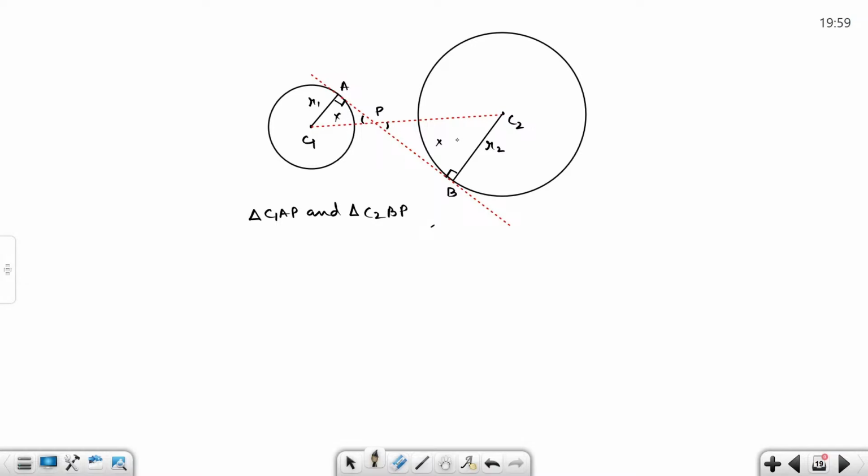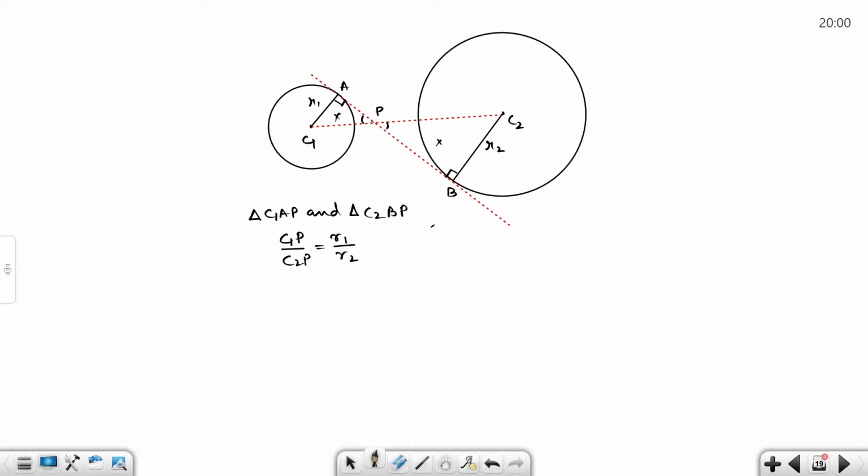Now these two triangles are similar, so what will we write? Their sides are in proportion. So C1P by C2P will be equal to R1 by R2. Is it clear?